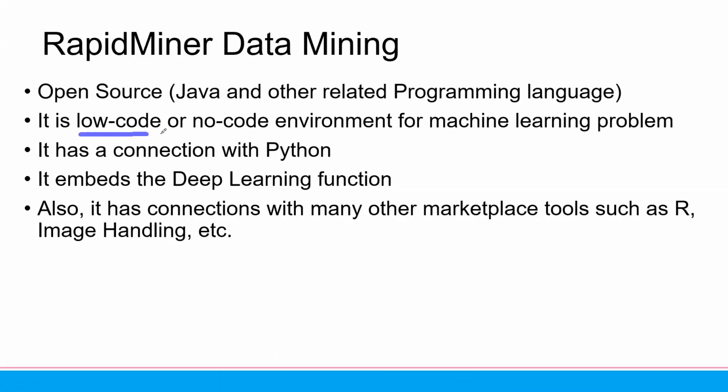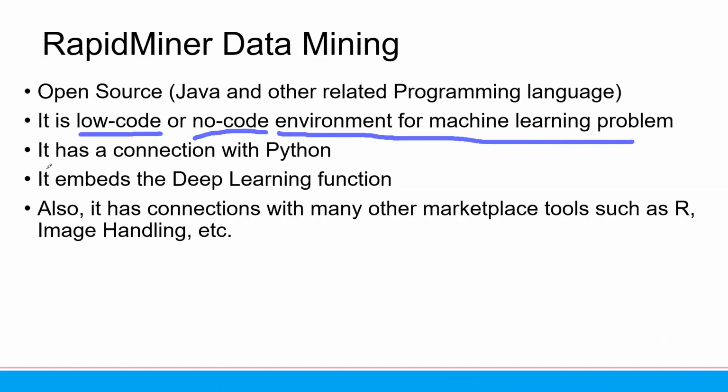Low code means you can do machine learning and data mining with a very small amount of code, or even no code. Okay? So you don't even need to write your own code. So we call this a low code or no code environment, especially for machine learning problems.